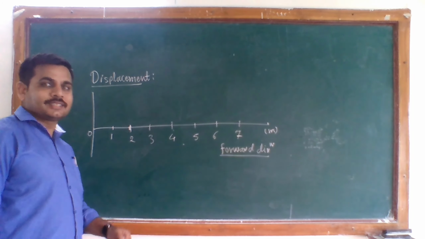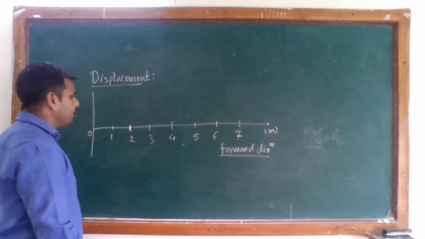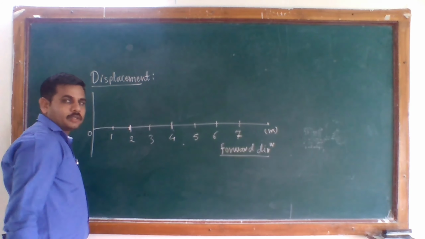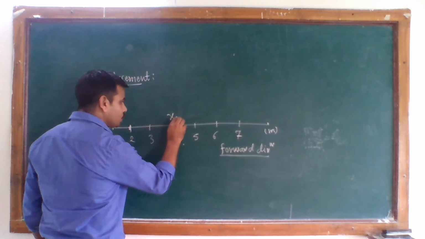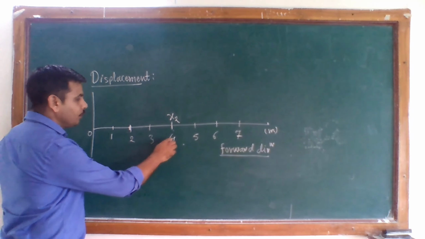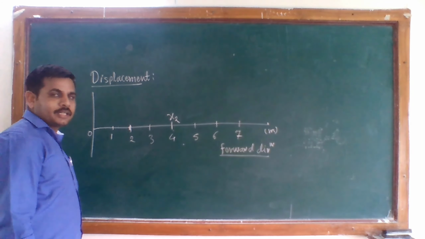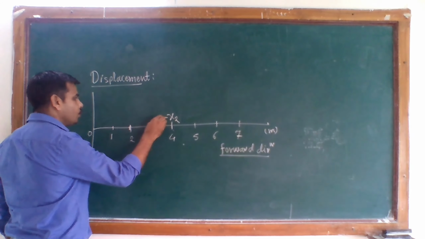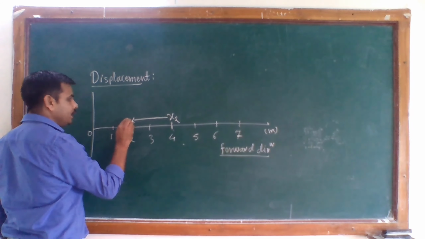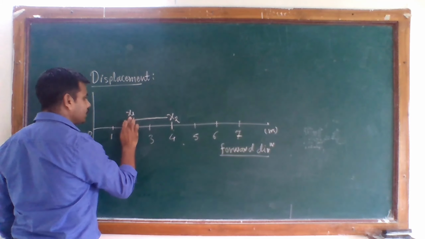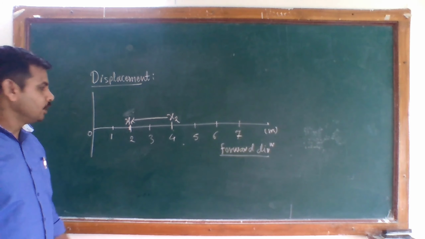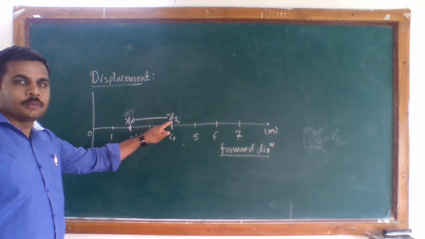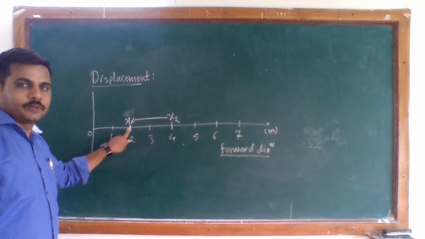Now just consider the second case. Your car is at the point x2, which is 4 meter, and it is moving towards the origin, at point x1. So the car is moving from x2 to x1.